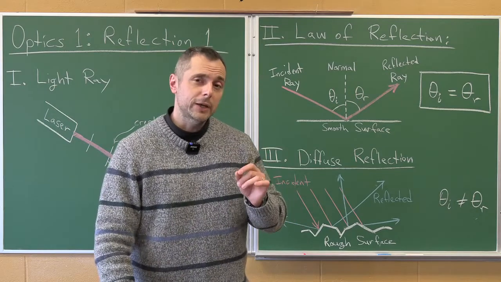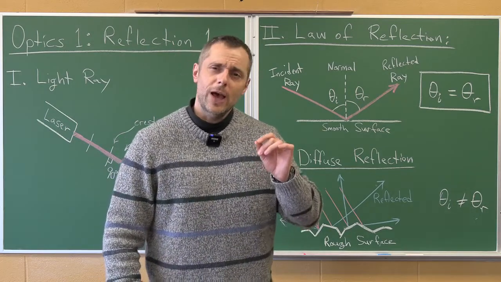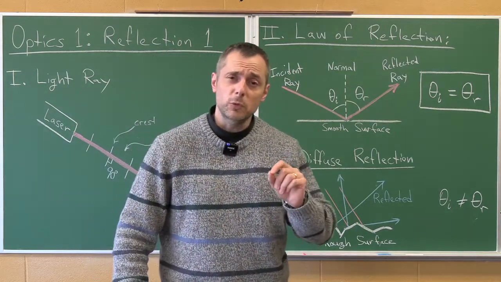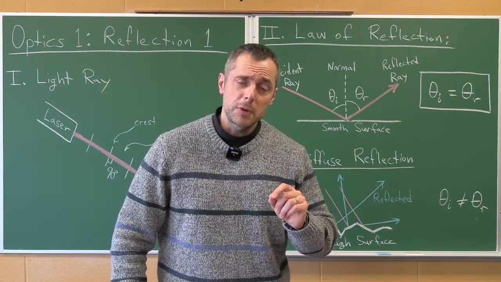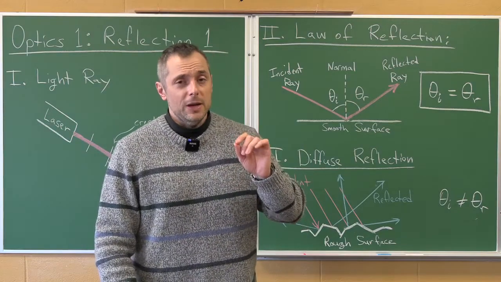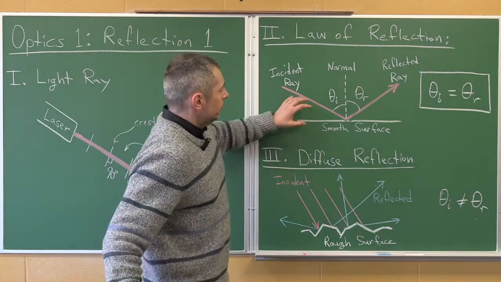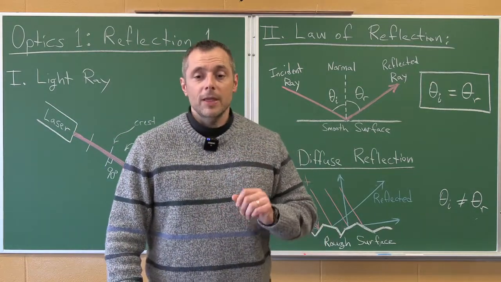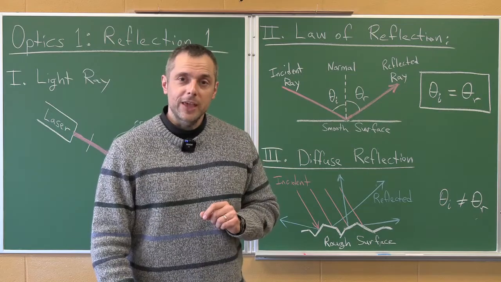That's the topic of the rest of this video. How can we use this law of reflection to understand what's happening when you see images in a mirror? So first I'm going to show you an image in a mirror, and then I'm going to show you how you could use the law of reflection to figure out what is going on. All right, so let me reconfigure the camera.